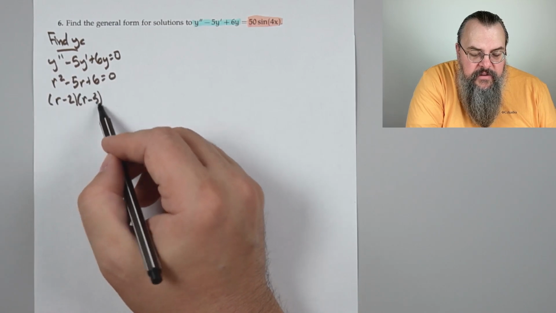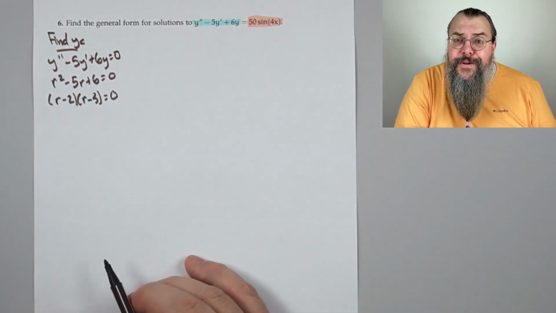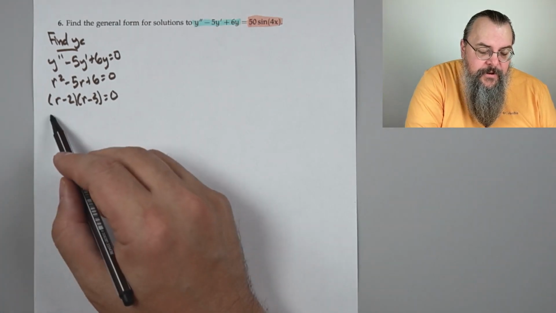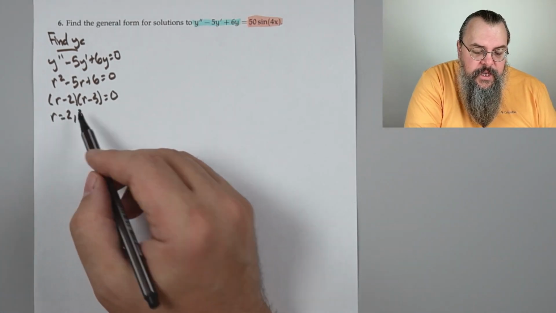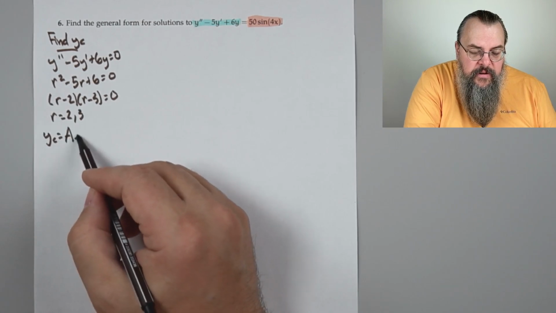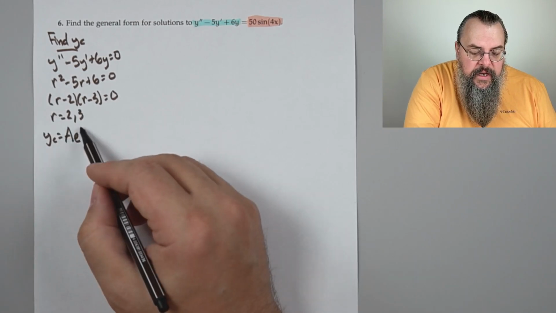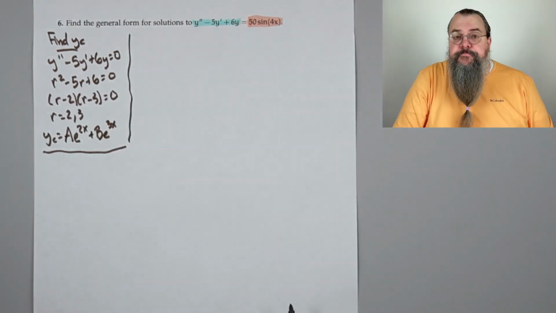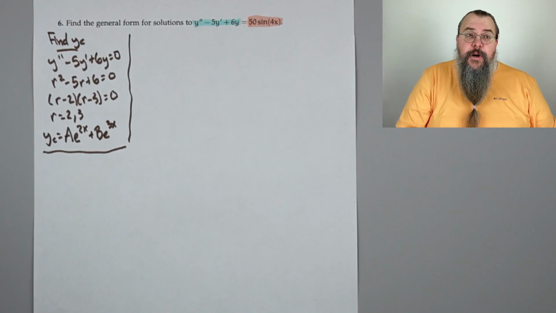Well, of course, because your instructors are nice people. They care about you. They want you to succeed. So our roots are 2 and 3, which says that our homogeneous part looks like a e to the 2x, b e to the 3x.